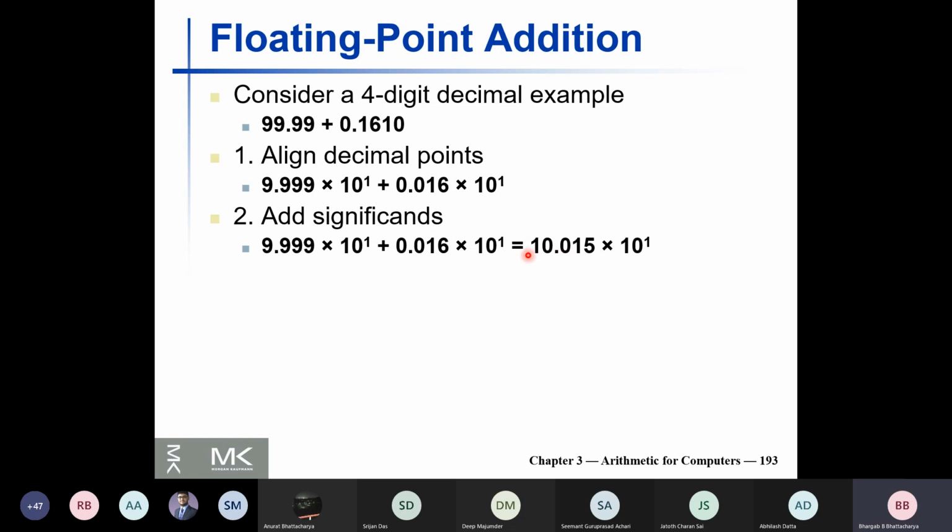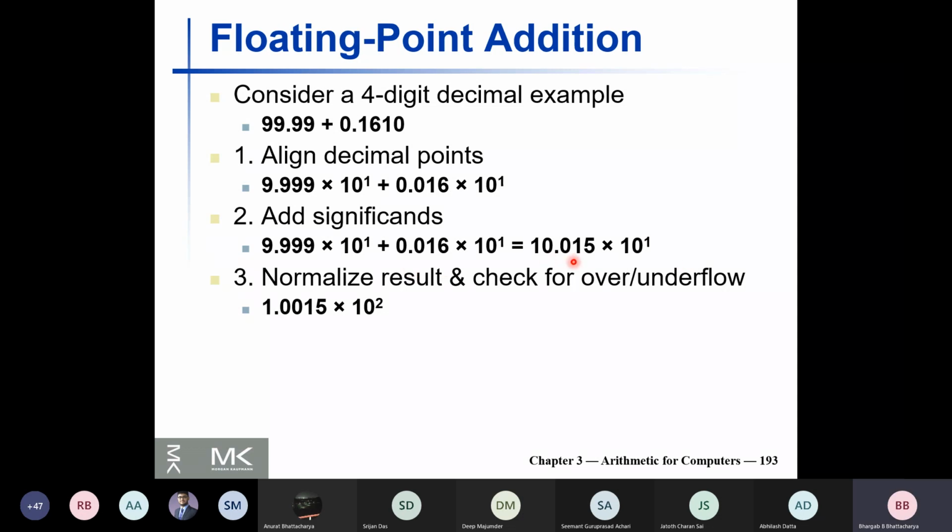So I need to renormalize it again. In floating point, you have to normalize it anyway in order to represent the final result. So again, normalization means shifting this decimal point, and as you shift this decimal point to the left or right, this exponent value has to be adjusted accordingly, either incremented or decremented.